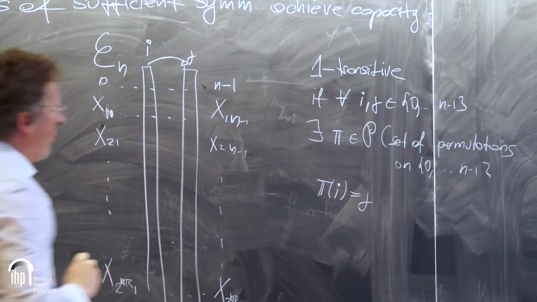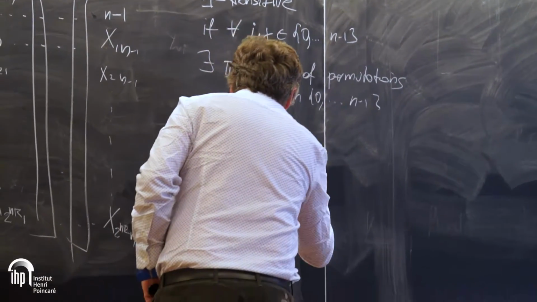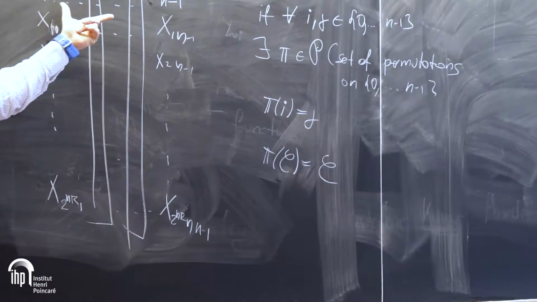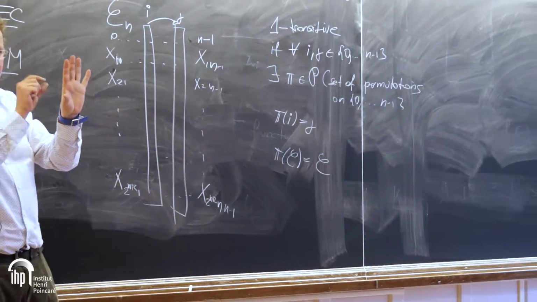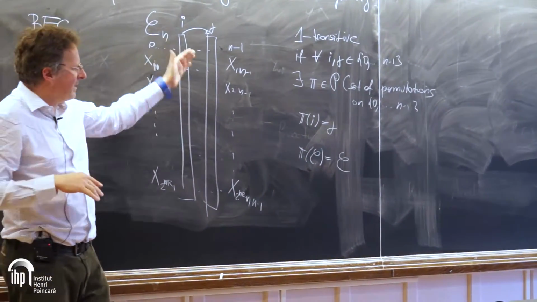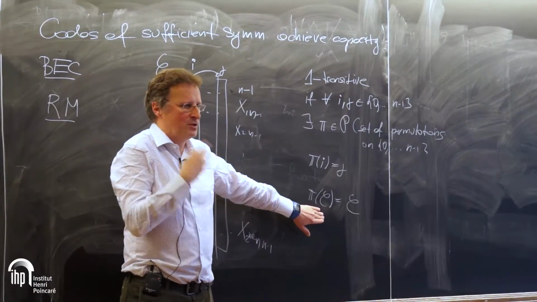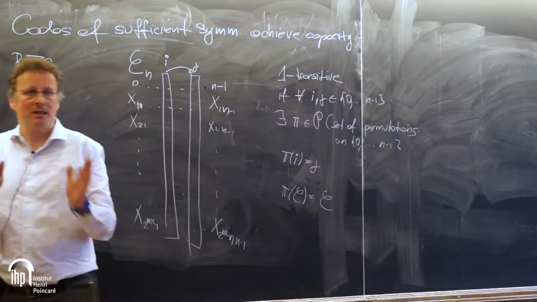And then what I want is that pi of C is C. What I mean is the following: if you apply this permutation on a code word, all I mean is that I'm permuting the indices, and by notation I'm applying it to each of the code words. So the code stays invariant under this permutation but can map i into j.